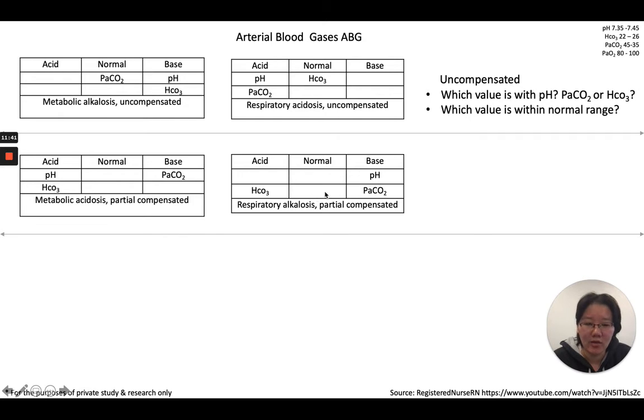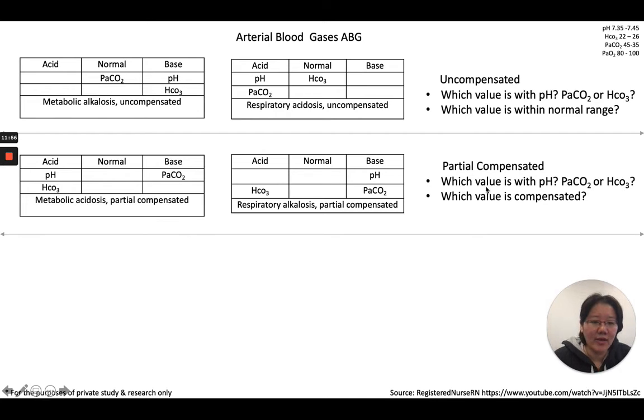And then is it in normal? No. If it's in normal, then it's uncompensated. But the HCO3 is on the acid side, so that's partial compensation. So I remember them based on the graph. Again, which value is with pH, PaCO2 or HCO3? Which value is compensating? So here, it's compensating. But here, it's not compensating, so it's in the normal range.